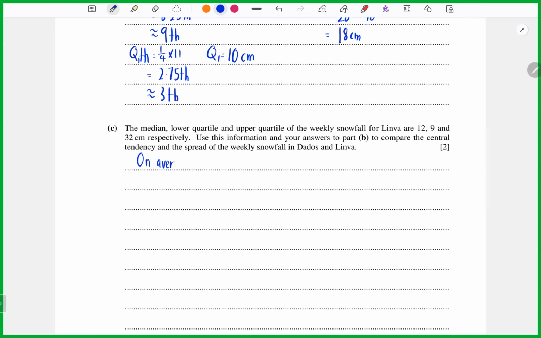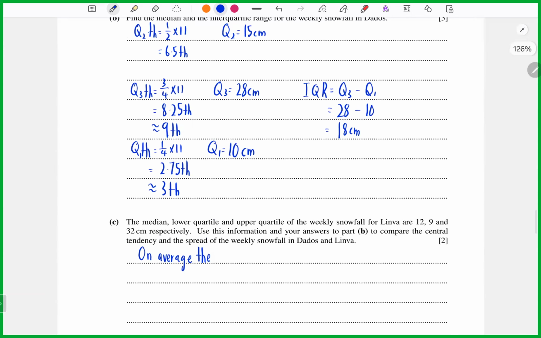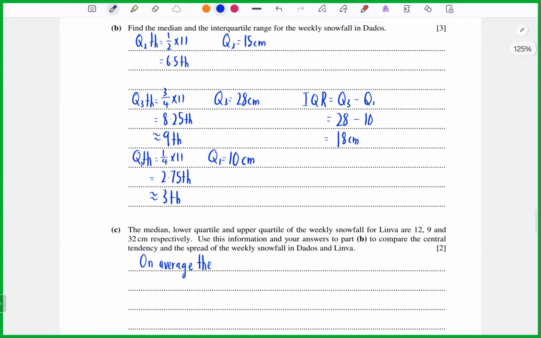On average, how do we know the average? Because you see the median for Thanos is 15 cm, and the median for Levinus is 12 cm. So it means Thanos is higher.